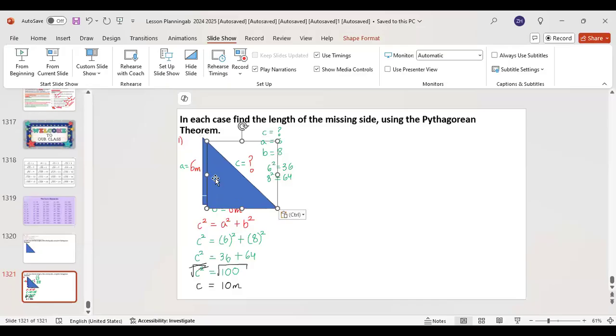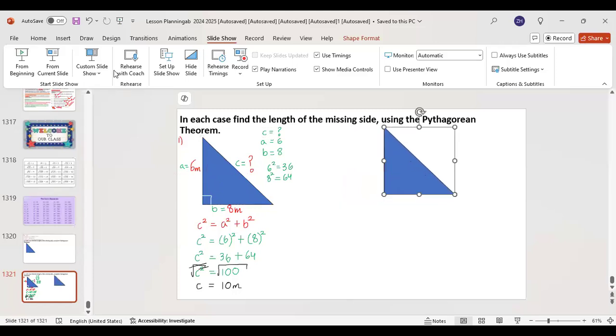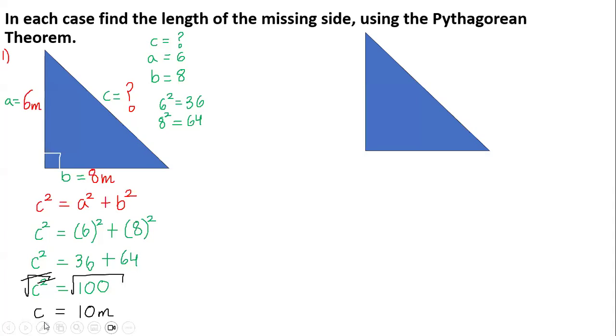All right. So let's say we have this triangle right here. Let's say this is 10 meters. Oh boy, I don't know if I want to do that. I want to use two large numbers and then it's really big.